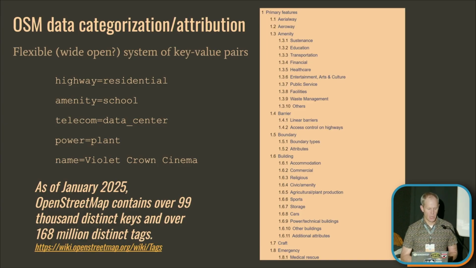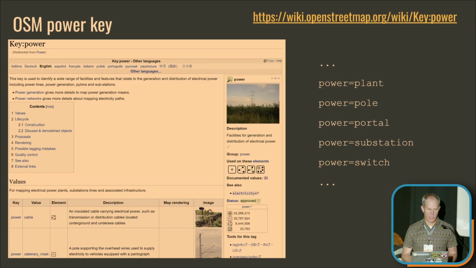key value pair. I stole this quote from one of the documentation sites, but as of early this year, we're pushing 100,000 distinct keys. So that's just the keys that are used in data globally in the OpenStreetMap system.